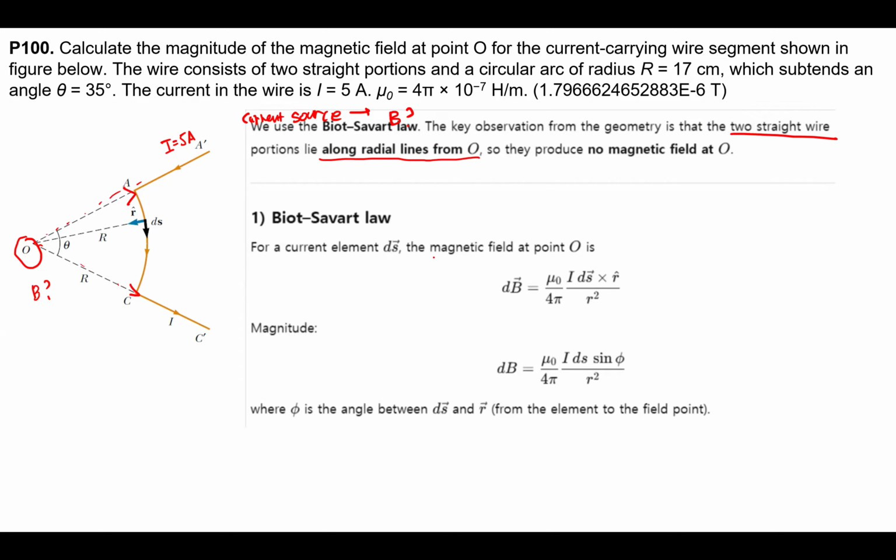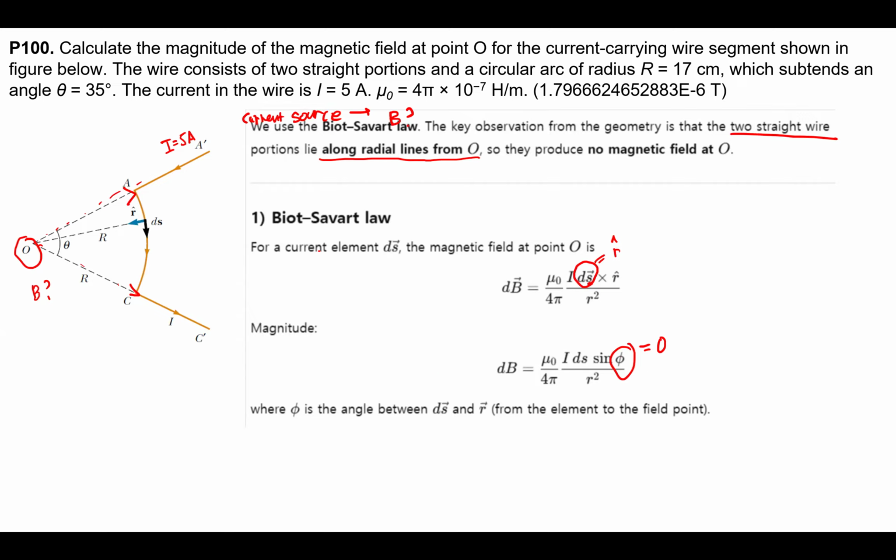Note that in the Biot-Savart law, if you have a current element ds that is parallel to the r unit vector, then you'll get a zero component, because phi is going to be 0.